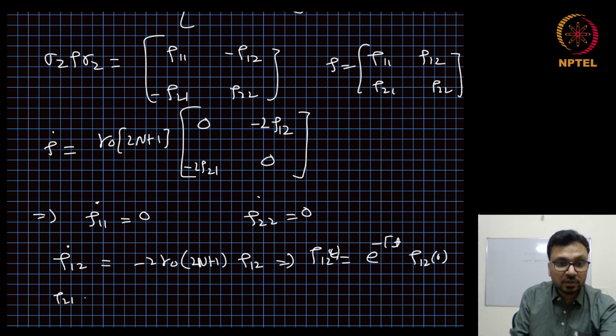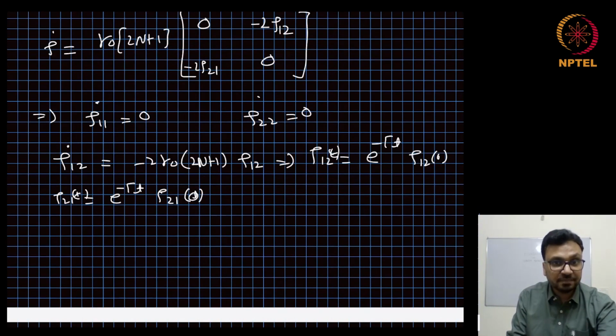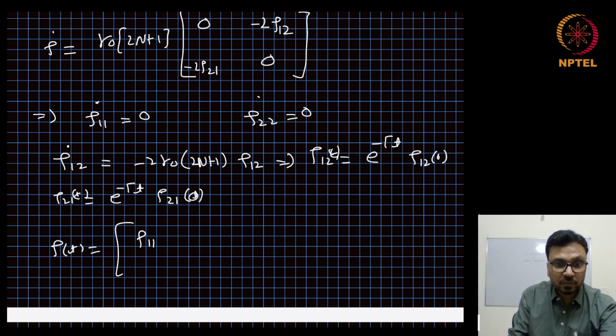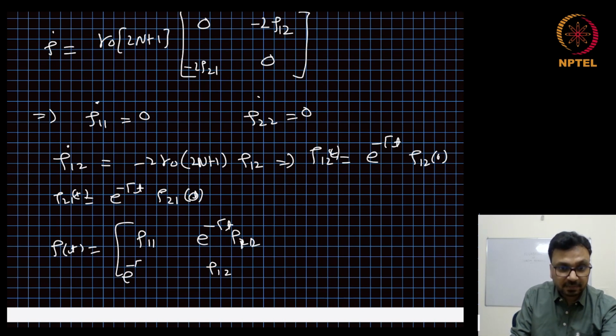Similarly, ρ_21, which is ρ_12*, will be exponential of minus gamma t times ρ_21 at time 0. And ρ_11 and ρ_22 do not change in time. Hence, ρ of t can be written as ρ_11, exponential of minus gamma t ρ_12, exponential of minus gamma t ρ_21, and ρ_22, whatever was the initial state.